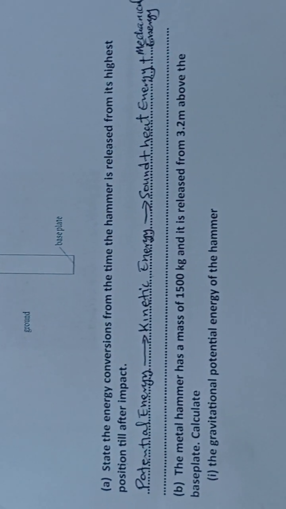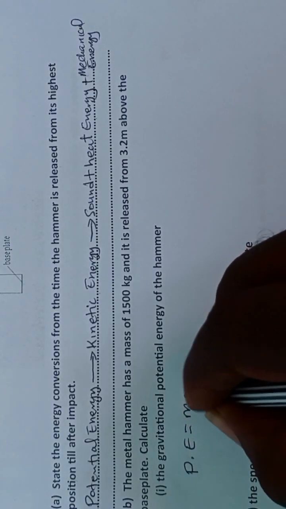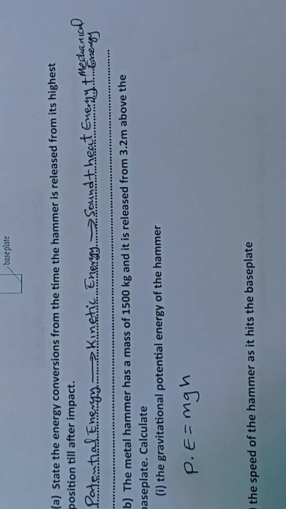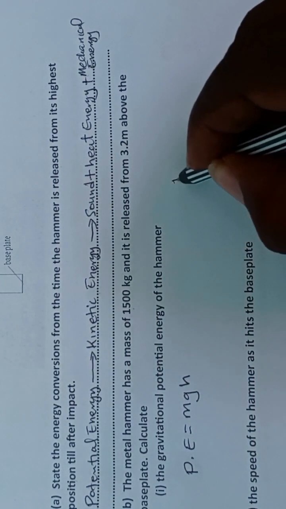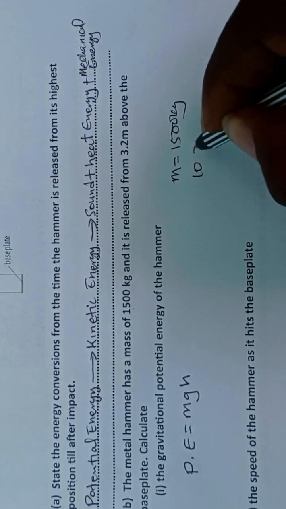So part B, the metal hammer has a mass of 1,500 kg and it is released from 3.2 meters above the base plate. Calculate the gravitational potential energy of the hammer. So gravitational potential energy of the hammer is equal to mass times gravity times height. Mass is 1,500 kg. Gravity is constant, 10 newtons per kg.